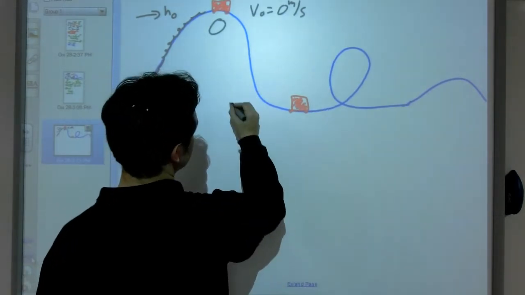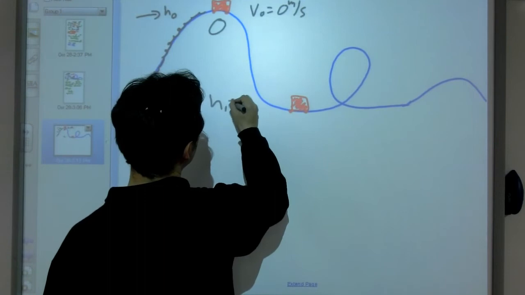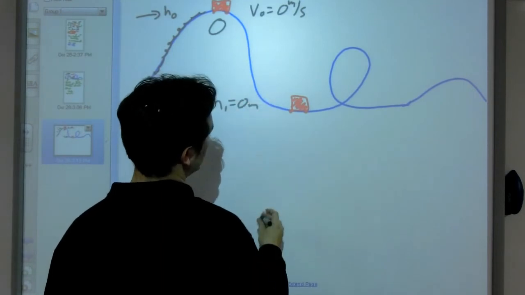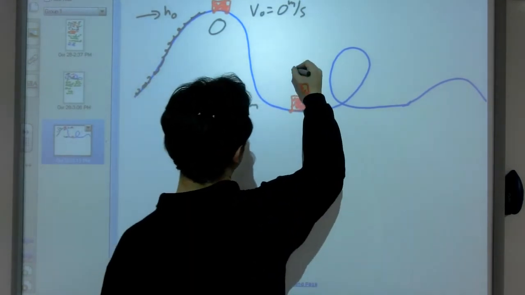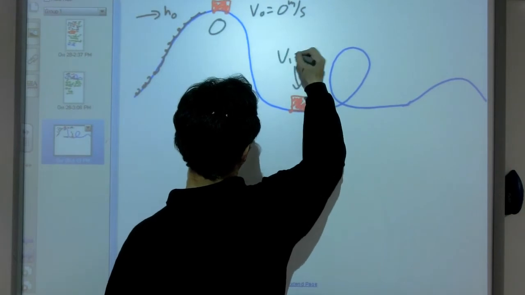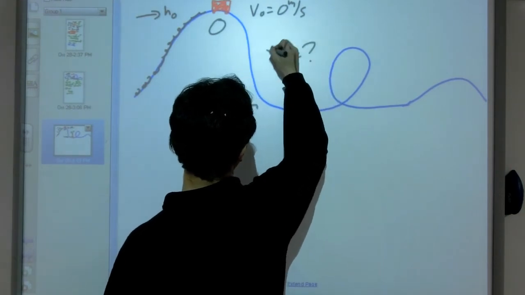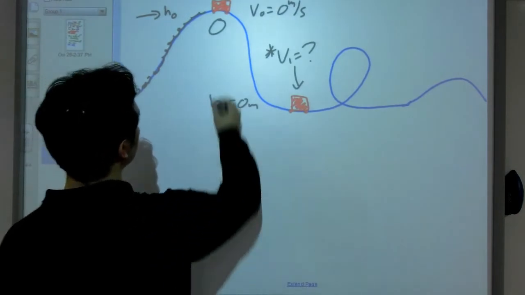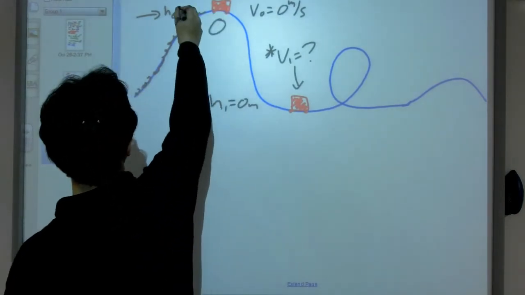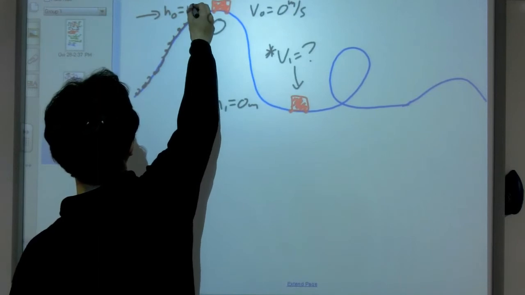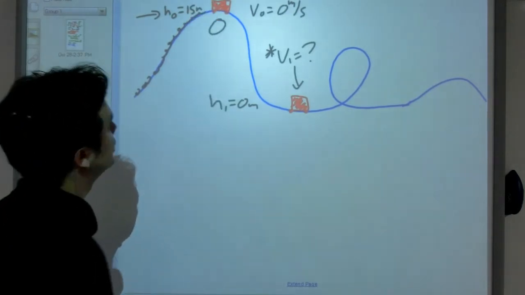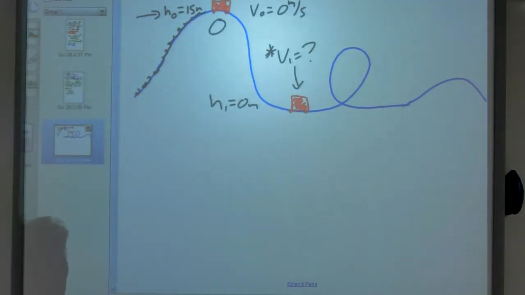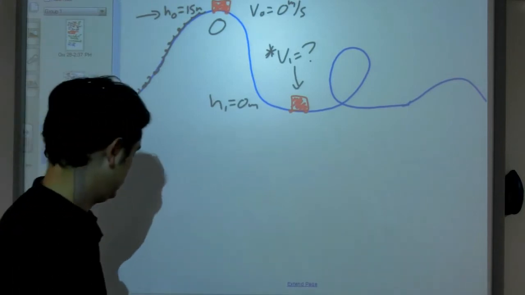It is at some height, h1, which is going to be equal to 0 meters. It'll have some velocity, v1, and that's what I want to know. And finally, up here at the top, my initial height equals 15 meters. That's about 4.5 stories tall, about 45 feet, more or less.